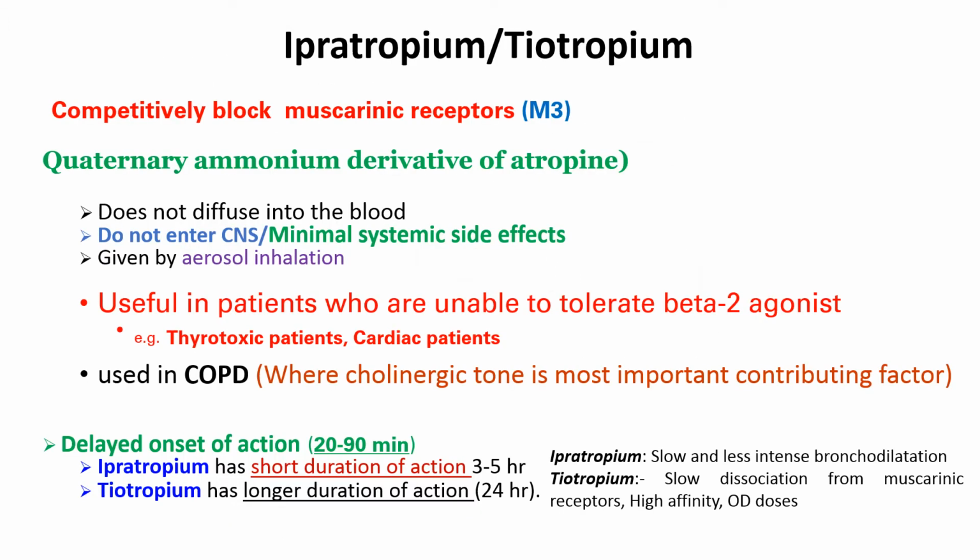As I was telling you, there were various distinct advantages of Ipratropium Bromide or Tiotropium Bromide compared to atropine. One reason was that they were quaternary ammonium compounds, and because they were quaternary compounds, they cannot cross the blood-brain barrier, so the CNS manifestations were nil.